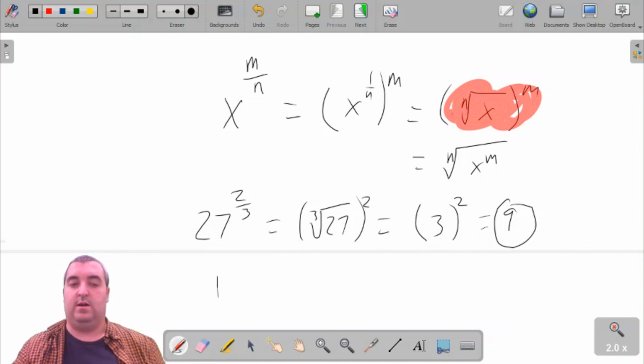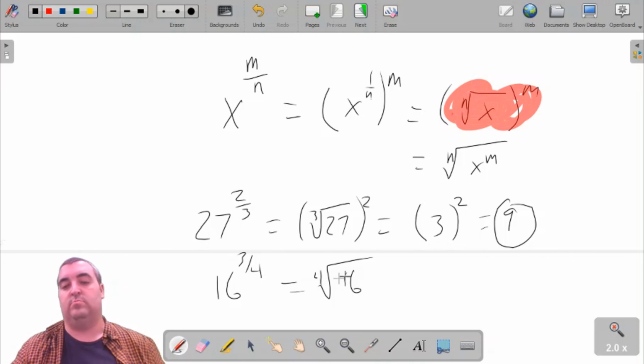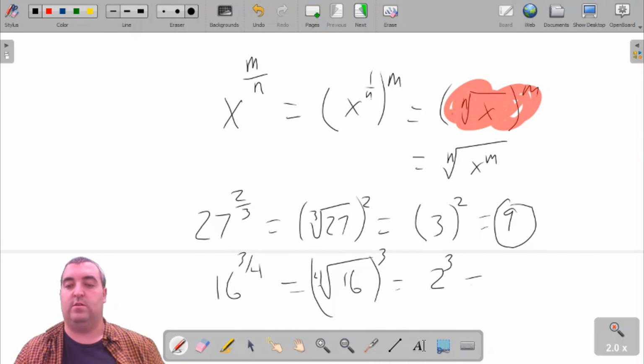Okay. Same thing here, 16 to the 3/4. We're going to do the 4th root of 16, which we'll talk about in a second, and then raise it to the 3rd. 4th root of 16, well, 16 is 2 to the 4th. Those would cancel, so you'd end up with 2 to the 3rd. 2 to the 3rd is 8.